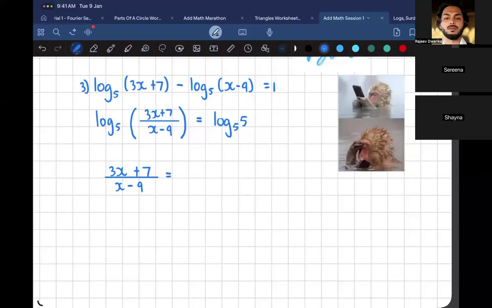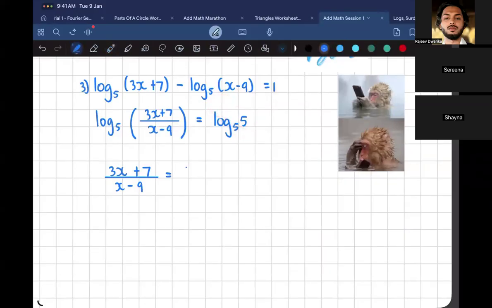Tell me, Sheena, that would be equal to what? Remember, I was saying I'm dropping the logs. So I have log base 5 here, so I drop that. What do I have on your right-hand side? I have log base 5 of 5. So I would drop the log base 5 and I would remain with 5.